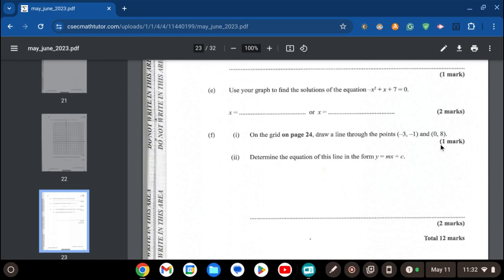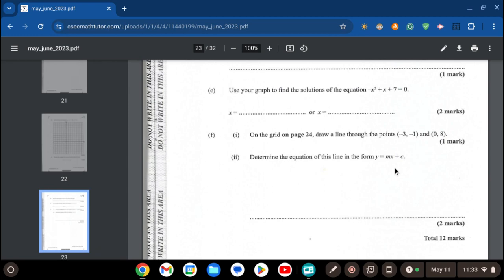So basically we need to prepare for this. If you want to find the gradient of the line, then you would use the formula y2 minus y1 divided by x2 minus x1.